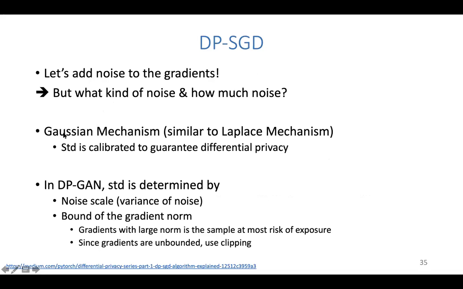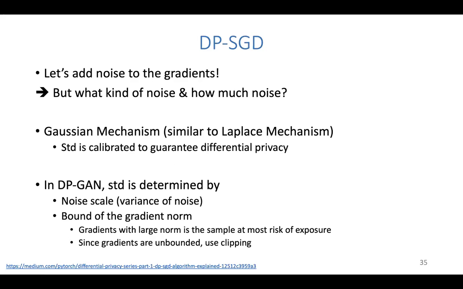In the Gaussian mechanism, you simply draw noise from a Gaussian distribution where mu is 0, obviously, but where the standard deviation is calibrated very carefully to guarantee differential privacy. In DPGAN, the standard deviation of the Gaussian mechanism is determined by 2 factors, one of which is the noise scale. The noise scale is simply the variance of the noise, just the sigma that you're all familiar with. So the noise is determined by the noise scale, and also the bound of the gradient norm.